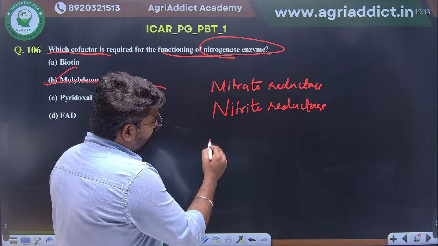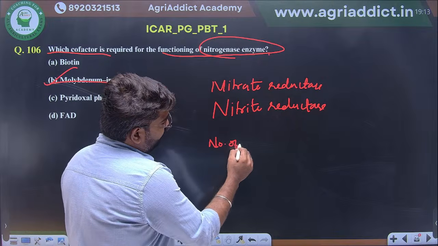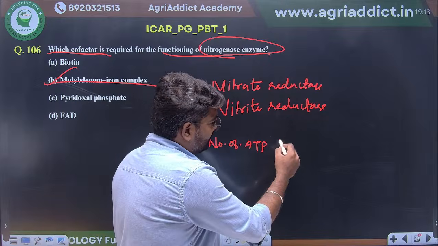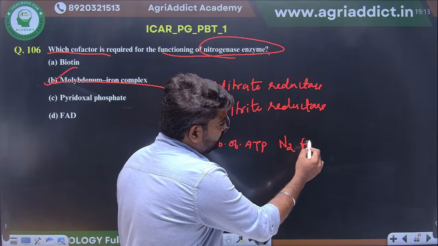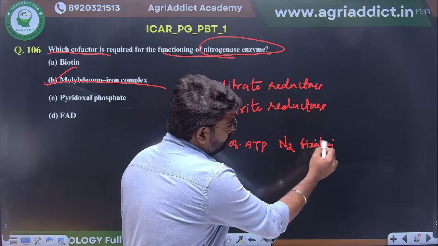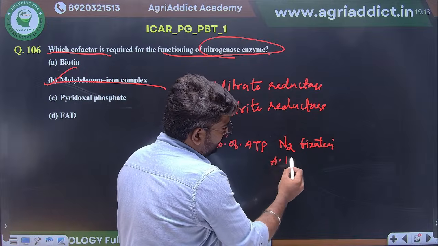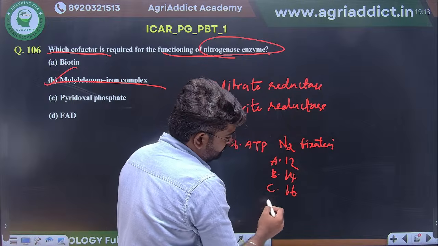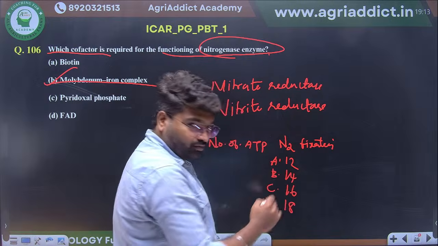Okay. Number of ATP molecules required for nitrogen fixation, per molecule of nitrogen fixed. How much will it be? Option A 12, option B 14, option C 16, option D 18. What will be the answer for this?